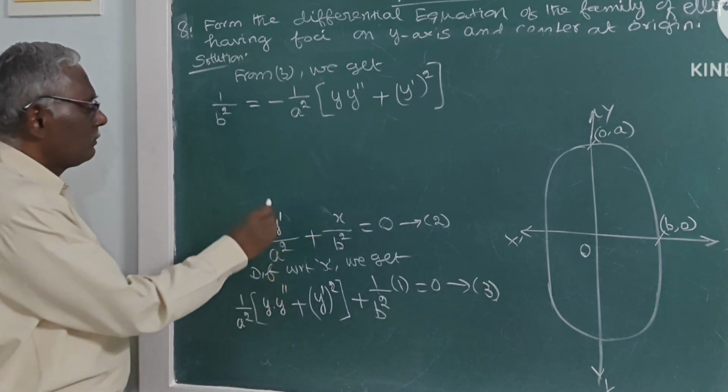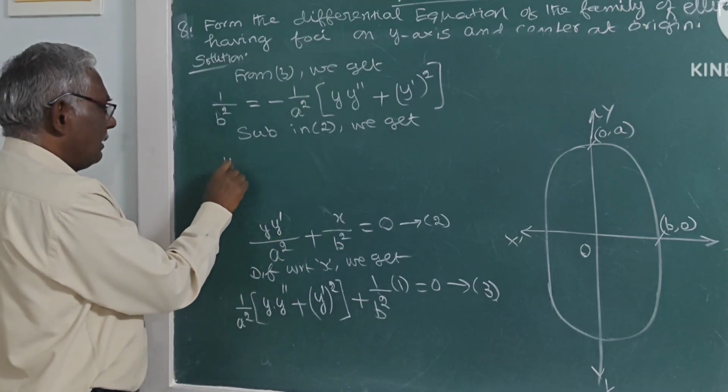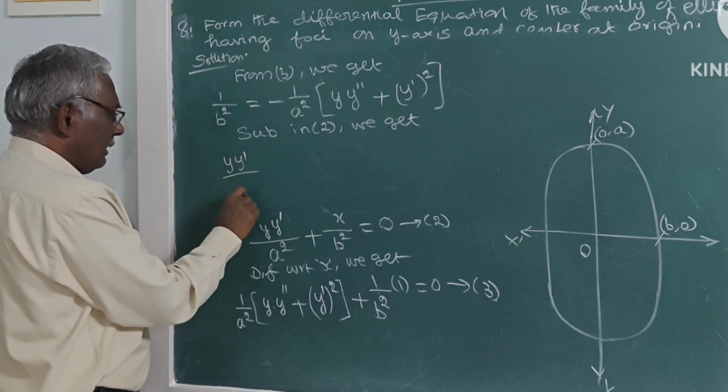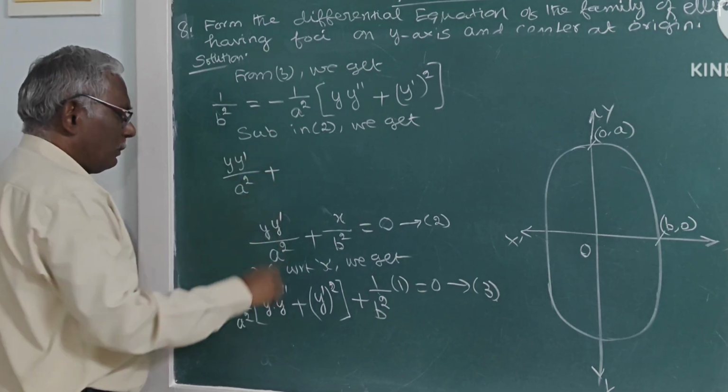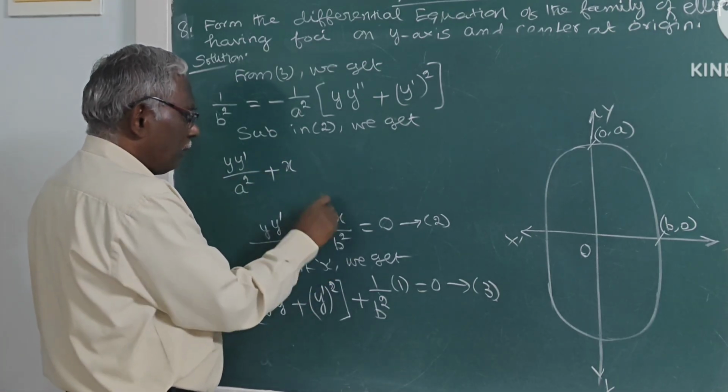We get y dash by a square plus x into 1 by b square.